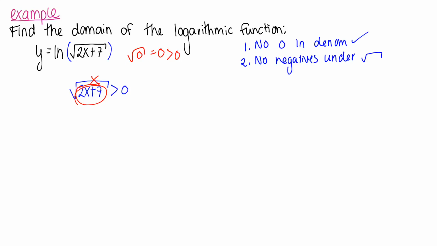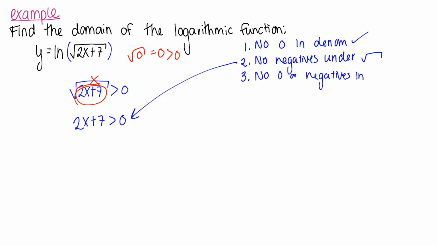So what we're looking for is 2x plus 7 to be strictly greater than 0. Right? So no negatives under the square root is what we're going to take care of here, because only positive numbers inside here has basically been taken care of, minus the fact that we just need to leave off the underline here. So no 0 or negatives inside logs.